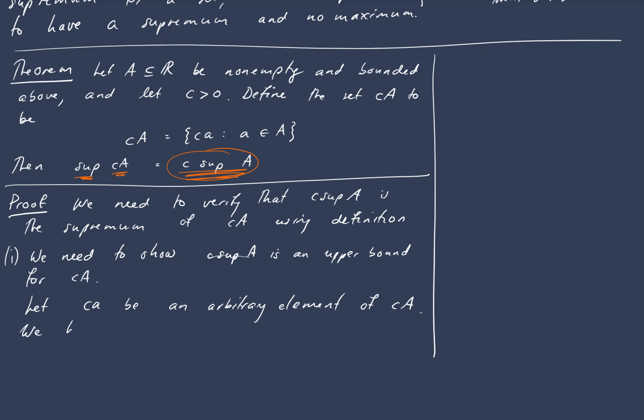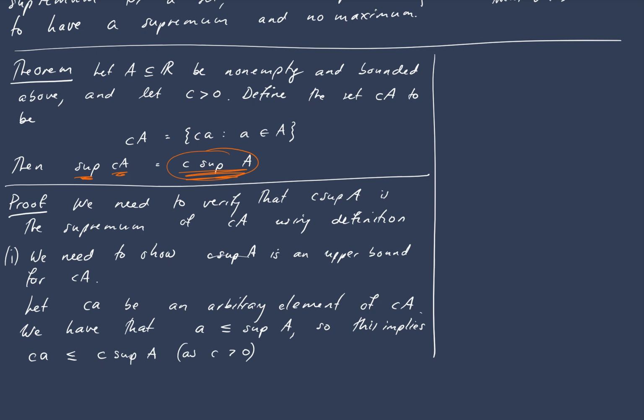Now we do have the supremum of A itself, which is sup A, available to us to use. So we know that a is less than or equal to sup A. So this implies, if we multiply both sides of that inequality by c, ca is less than or equal to c sup A, as c is positive.